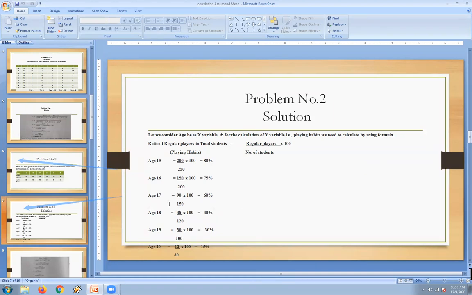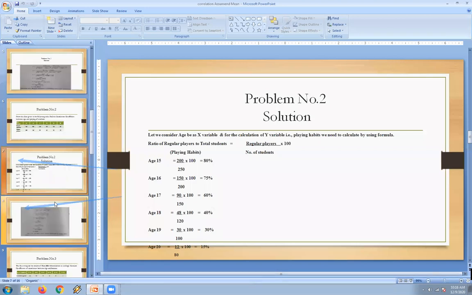Similarly, for 17 years, 90 divided by 150 into 100, 60%. For 18 years, 48 divided by 120 into 100, it is 40%. In the case of 19 years, 30%, and 20 years, 15%, we calculated here.